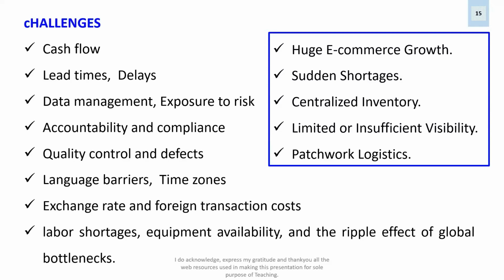And huge e-commerce growth. Remember that when I said the techie things in the last slide. So huge e-commerce growth is happening. Sudden shortages are happening. Centralized inventories are there. Limited or insufficient visibilities are there. Patchwork logistics are there. So these are all the additional, means they are continuation of challenges, adding to the basket of challenges for the supply chain.